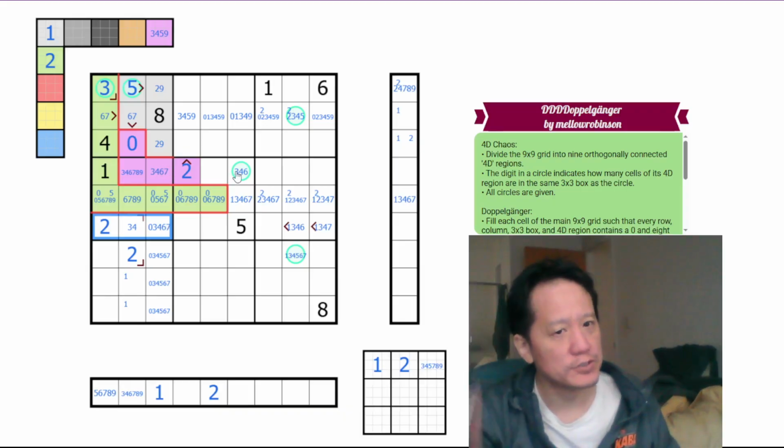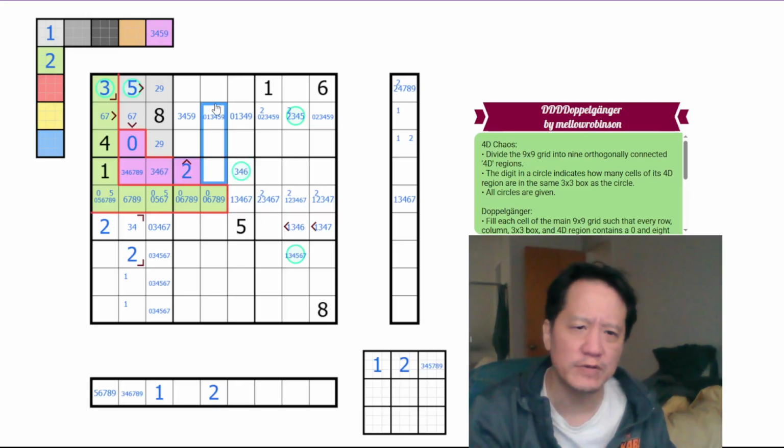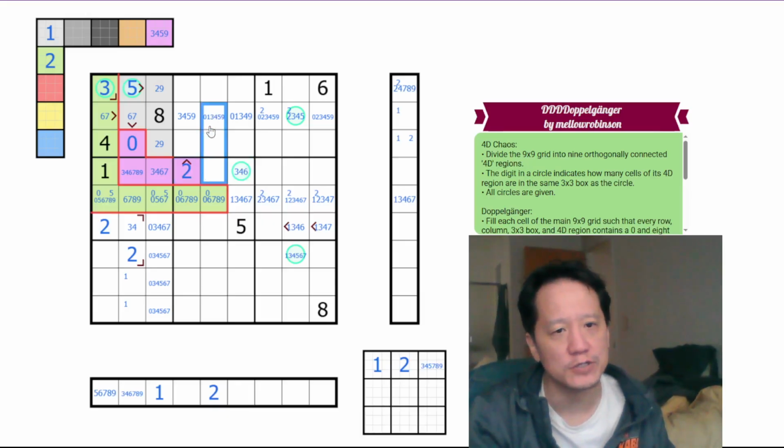No, it could be just 3 here. I was going to say that this has to be part of that region. Well, okay, so if pink is part of this, well, it could be... no, it cannot be a separate region.